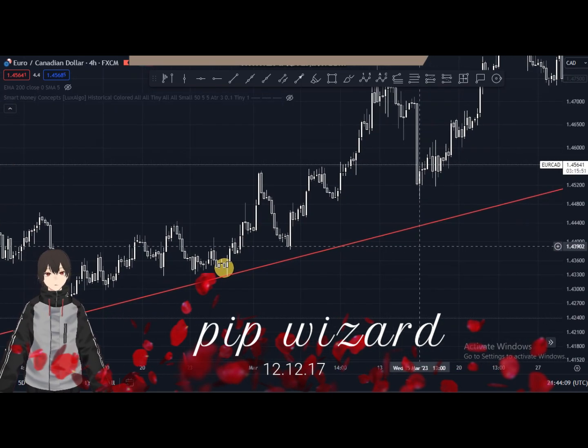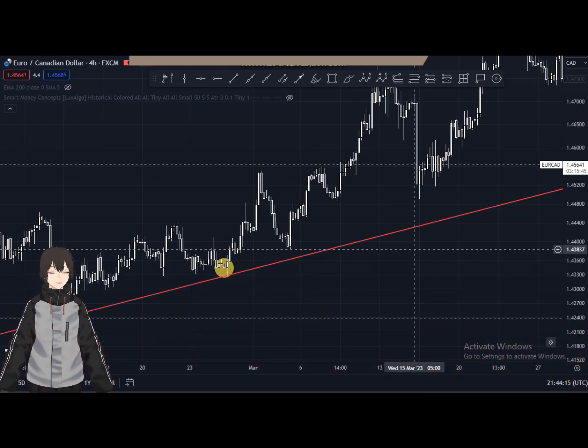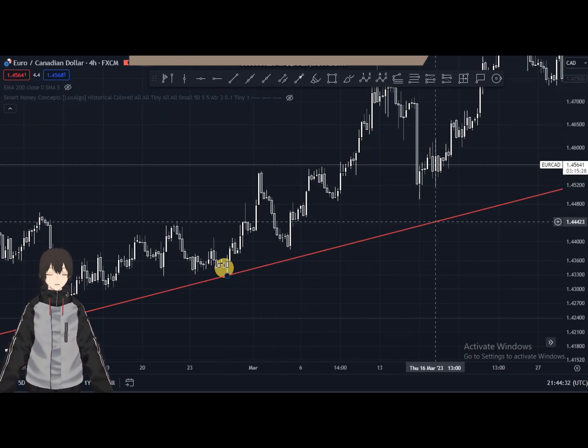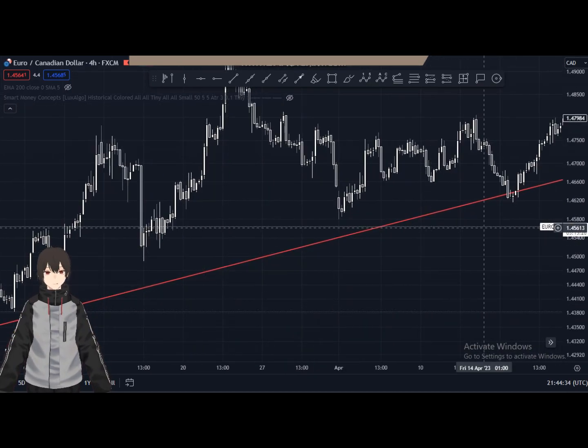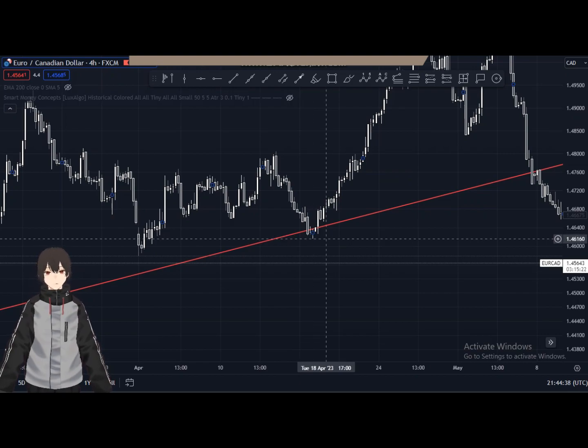When the price touches our line, we can open a position. We have an uptrend and our line looks up. When the third touch happens, you can open a position in the direction of your trend. If you have an uptrend, you open a long position, but if you have a downtrend, you open a short position.